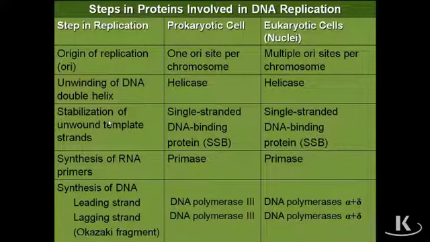How is the template strand stabilized? Here's an important protein that we'll discuss. It's called single-stranded DNA binding protein, and it's effective in both prokaryotes and eukaryotes. Single-stranded DNA binding protein, or SSB, will bind as the DNA fork opens up and the DNA becomes single-stranded.